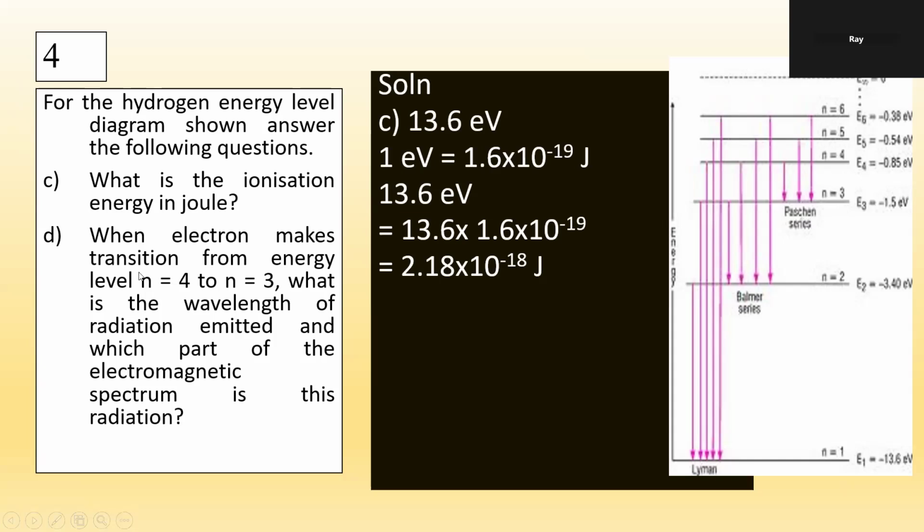When an electron makes a transition from energy level n=4 to n=3, what is the wavelength of radiation emitted, and which part of the electromagnetic spectrum is this radiation?